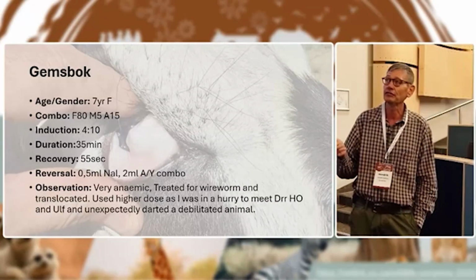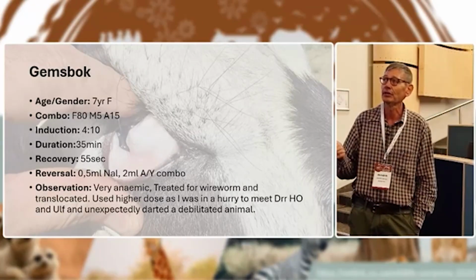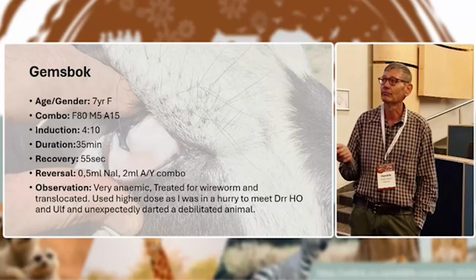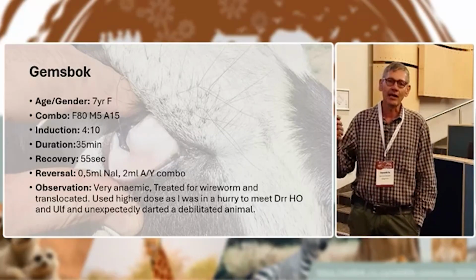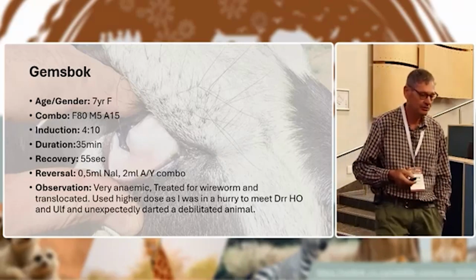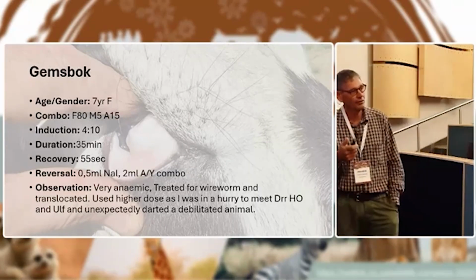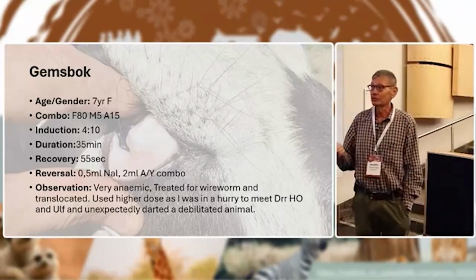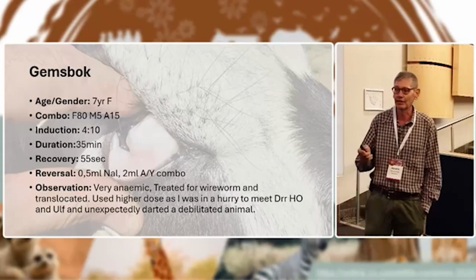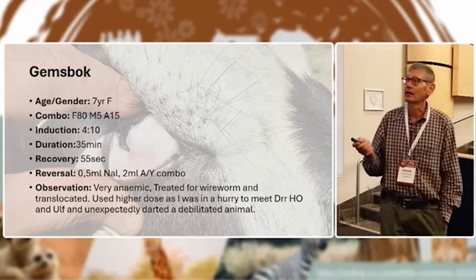I used 50 fentanyl, 5 medetomidine, and 15 zap. And as it happens in our industry, you get a curveball when you're in a hurry and want to go with very high dosages.